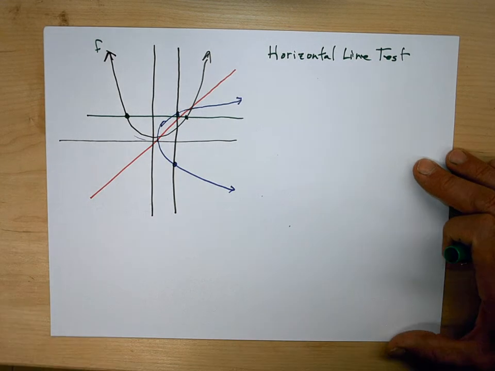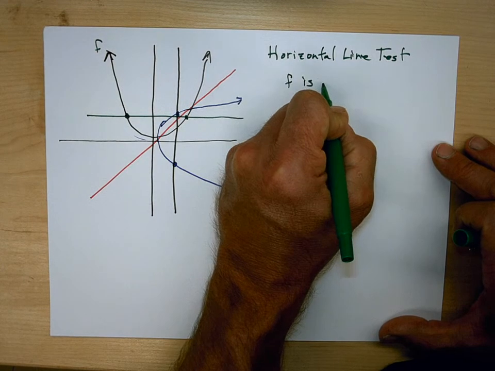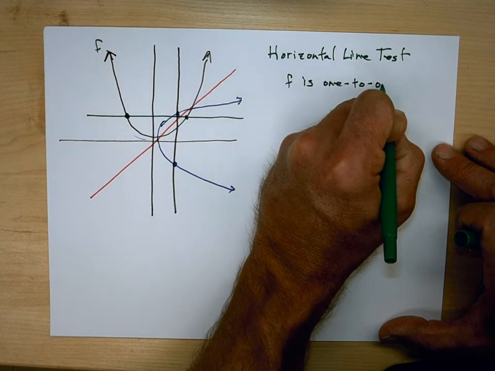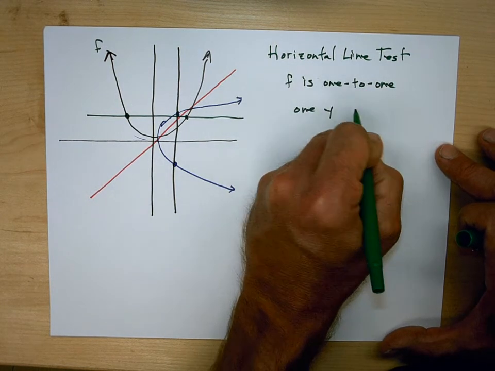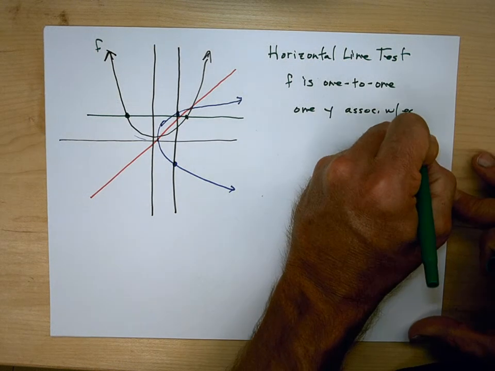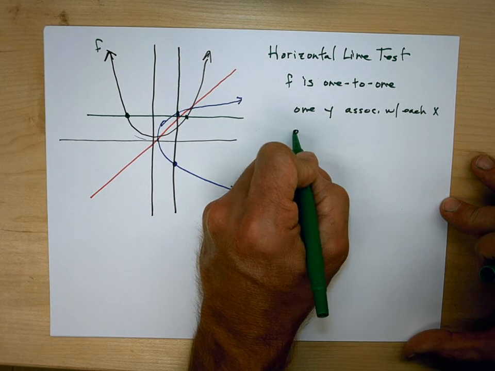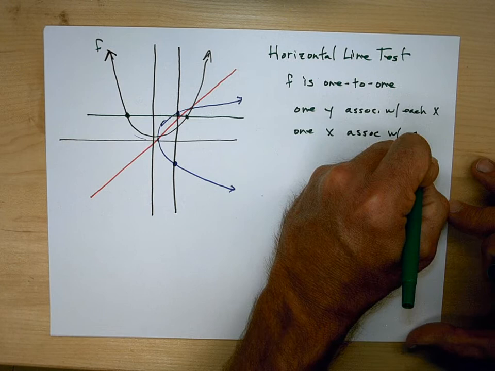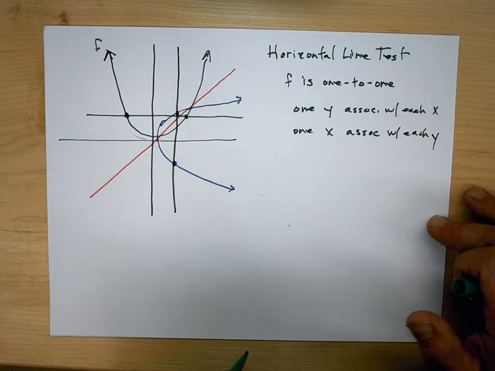Another way to say this is that f is 1 to 1. So there is one y associated with each x. That's what we need for it to be a function, but we also only have one x associated with each y. That's what we need for the inverse to be a function as well.